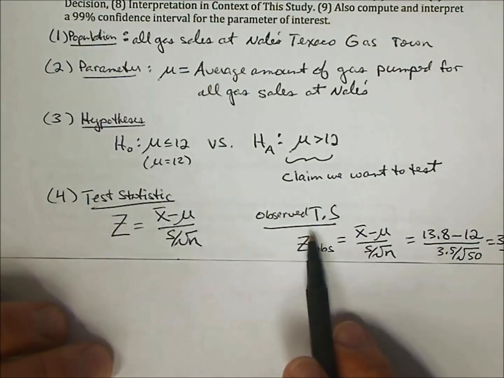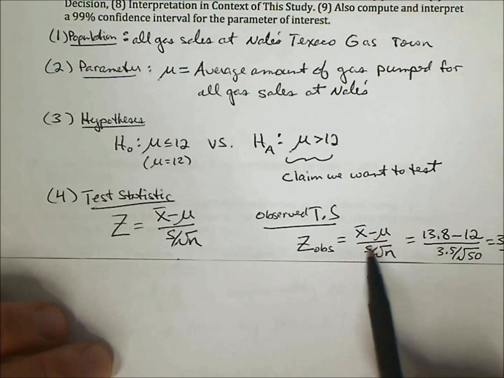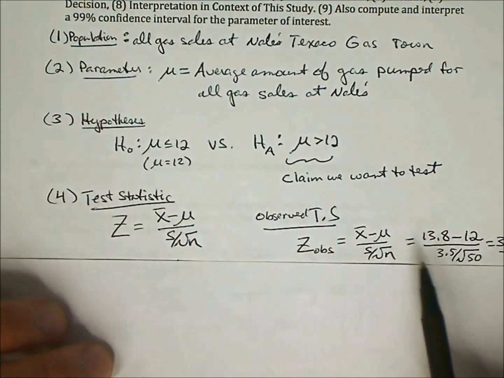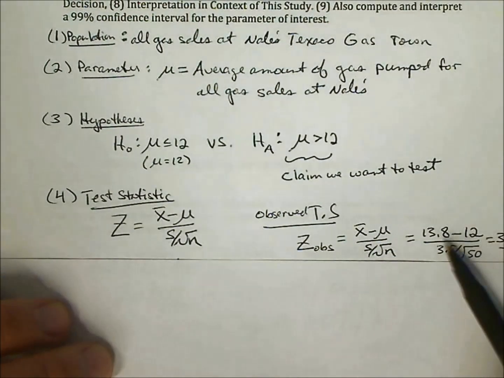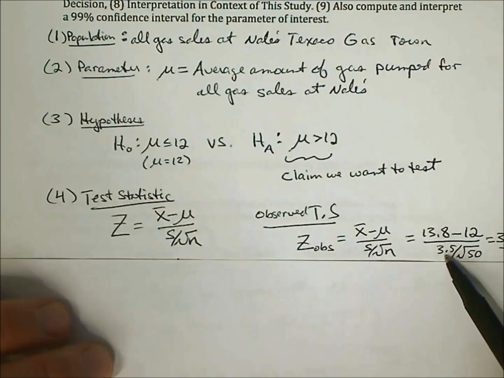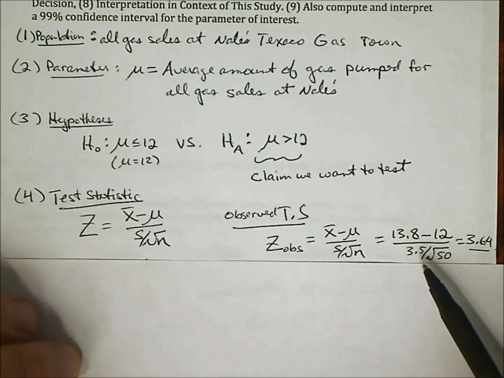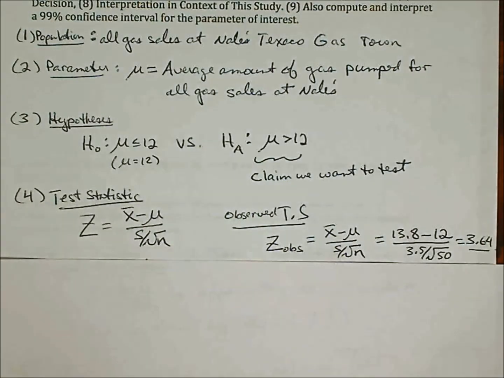If we go through and observe our test statistic for our given data, x bar minus mu over s over root n. X bar, you recall, is 13.8. Mu is 12. S is 3.5, and n is 50. So the observed value is 3.6.